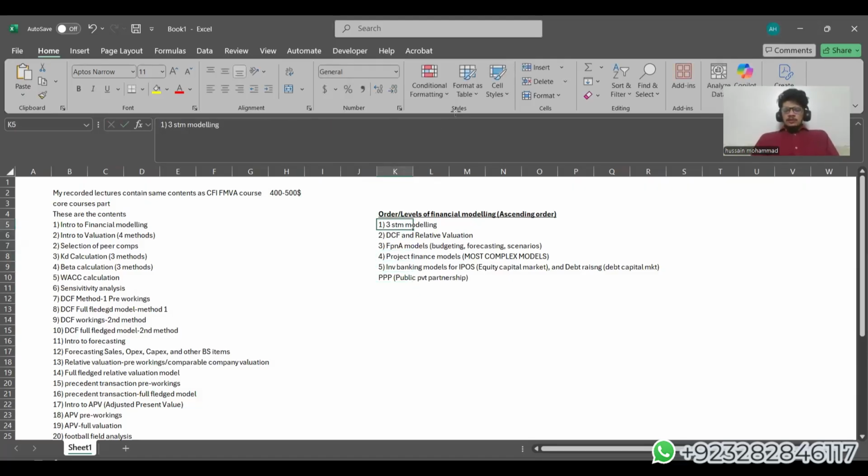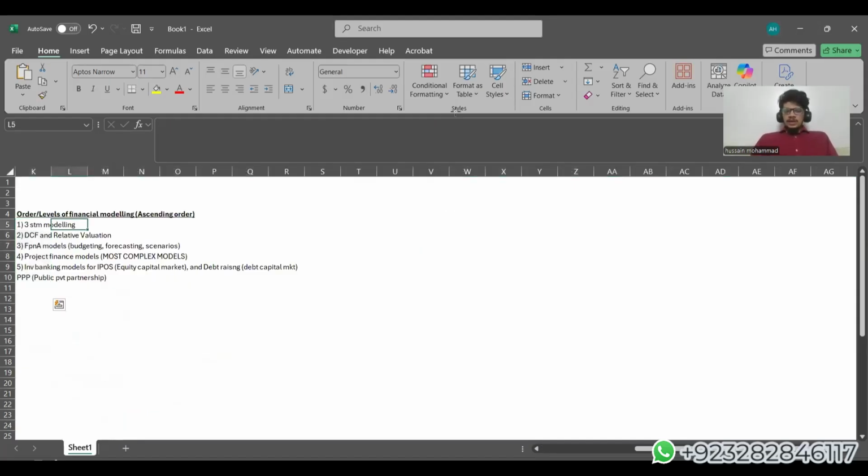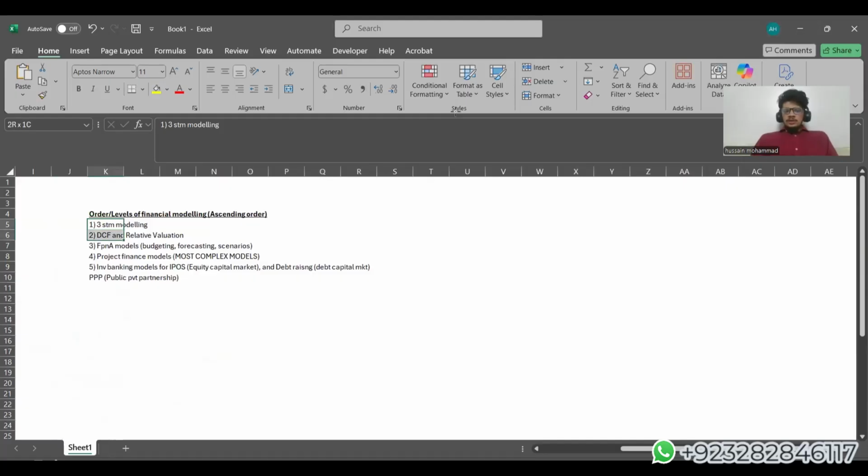So if you want to learn, at any stage you are in and in any field you want to go, these are the two models. Or if you want to work in FP&A, these three models you should be able to make. After this, there are also LBO models, which are used in private equity. LBO is basically a leveraged buyout, where one company buys another using mostly debt.